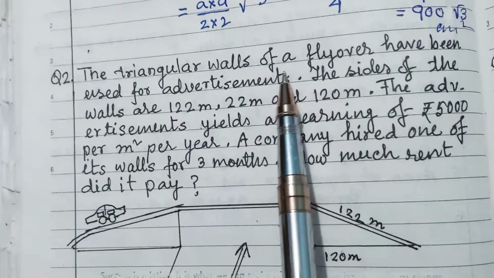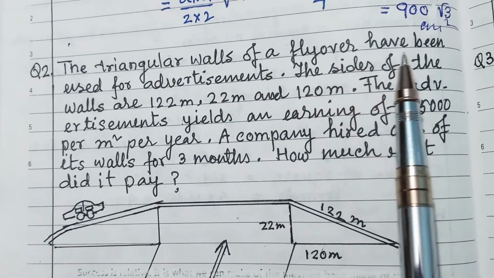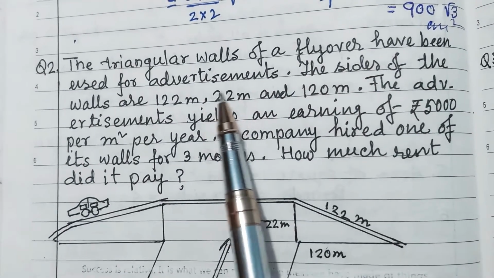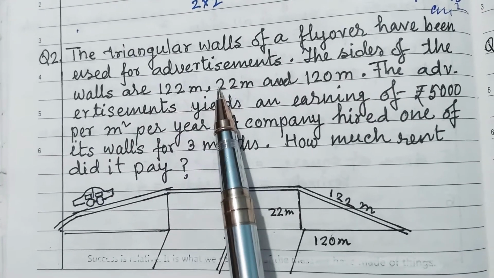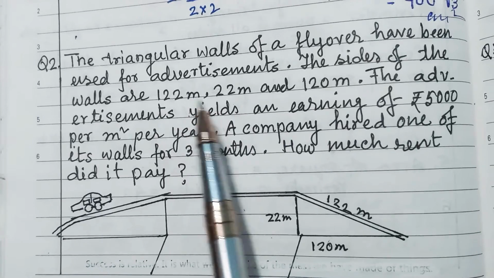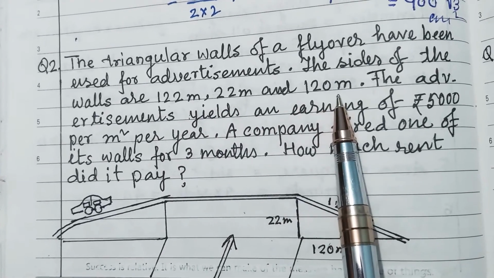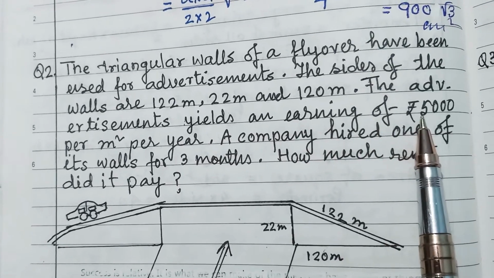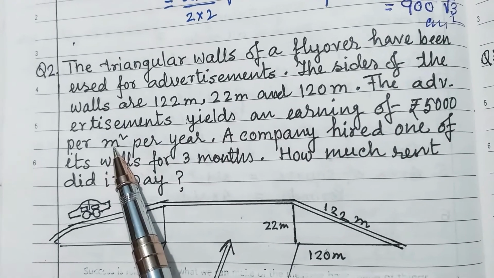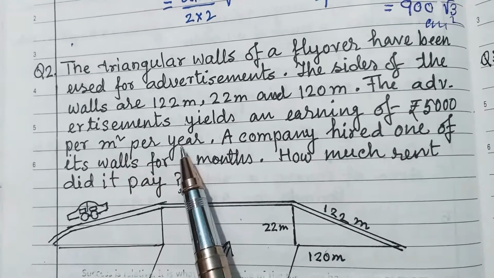Now next is the triangular wall of a flyover that has been used for advertisements. The sides of the wall are 120 meter, 122 meter and 22 meter. The advertisement yields an earning of rupees 5,000 per meter square per year.